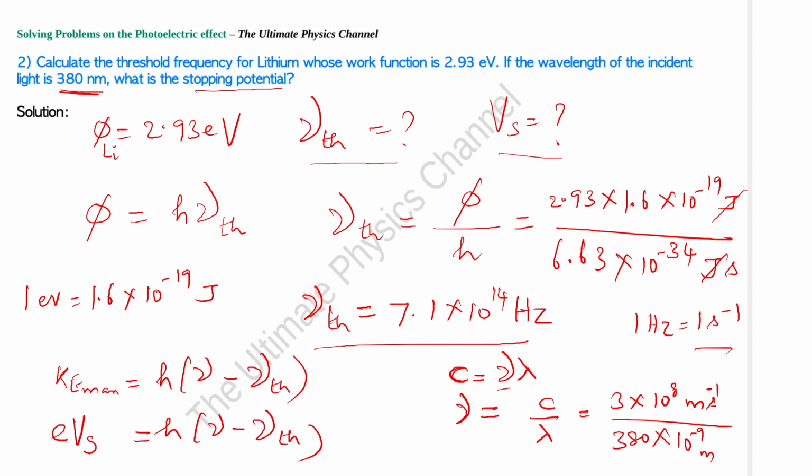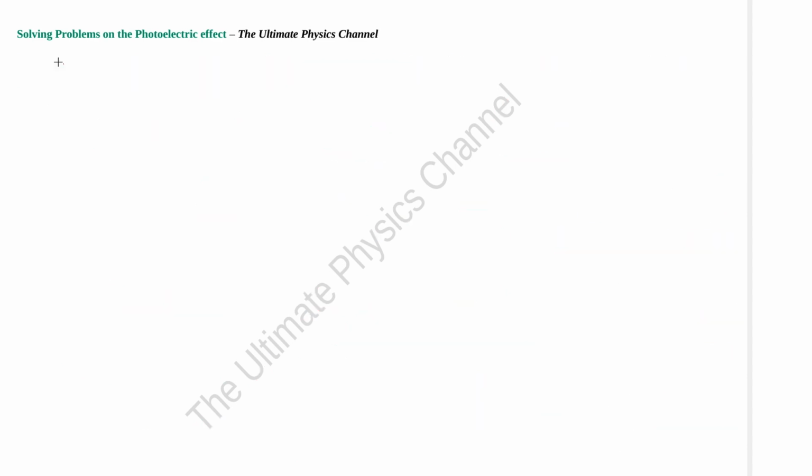Right. So from the lambda of 380 nanometers, the frequency turns out to be about 7.89 times 10 power 14 hertz. Right.